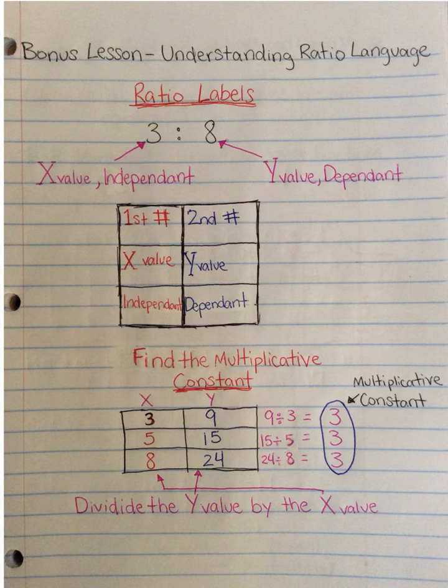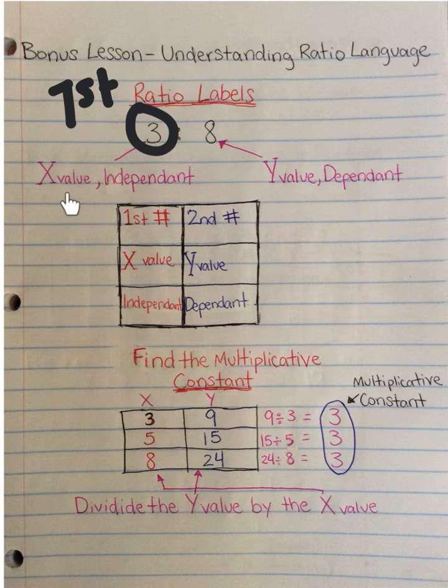Now this really comes into play in a few lessons when we begin to graph these ratios and we start to see them as ordered pairs. But for now, all you need to know is whenever we are talking about the first number, we can also call that the x value or the independent.